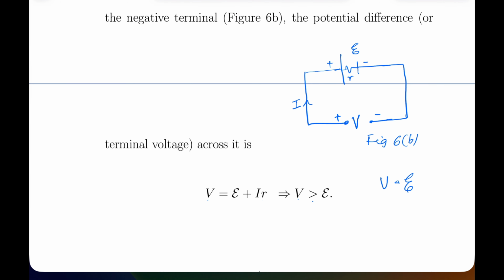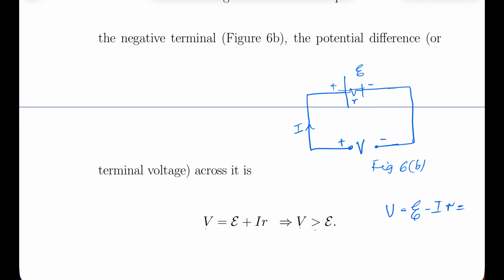So the drop across this resistance is minus I into r, negative because the current flows from the positive terminal of the cell to the negative through the cell. This adds up to 0 according to Kirchhoff's voltage law. So from here we get V equal to E plus Ir, or V is greater than EMF E.